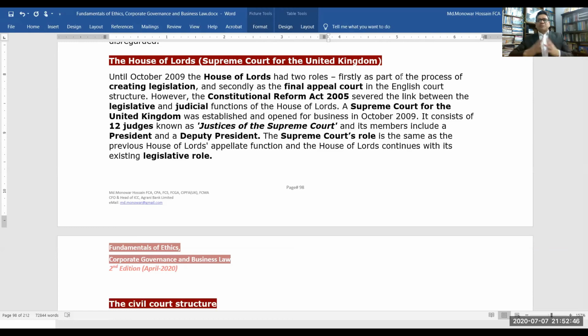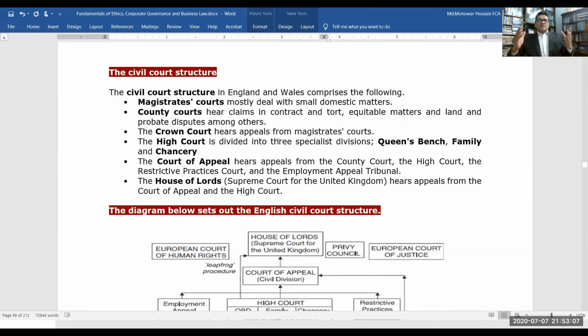Firstly, as part of the process of creating legislation, and secondly, as the final appeal court in the English court structure. The structure in England and Wales comprises the following: magistrates' court and county court, Crown Court, High Court, Queen's Bench, family and chancery, Court of Appeal, House of Lords, and the Supreme Court of the United Kingdom.